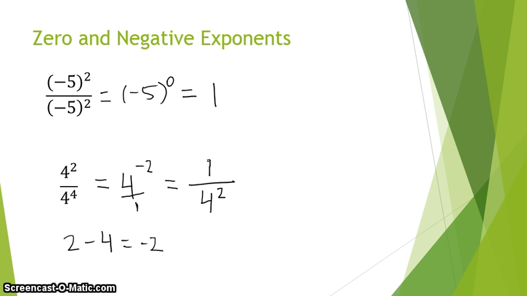And then on the top, I didn't have anything else there, so that's just going to be 1. Okay? So when I send my exponent to the bottom, it becomes positive. If it was negative and it was on the bottom, I would send it to the top, it would become positive. Okay, so just send it from upstairs to downstairs or downstairs to upstairs. That's all.